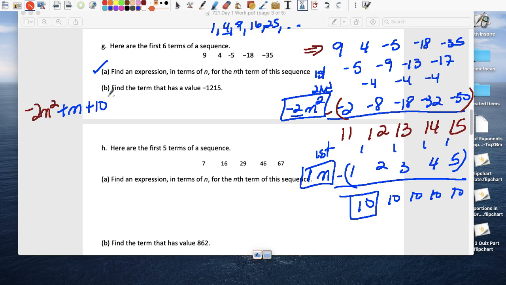So we did G. Now, when will this equal negative 1,215? All right, so as of now, instead of factoring, I would guess and check.